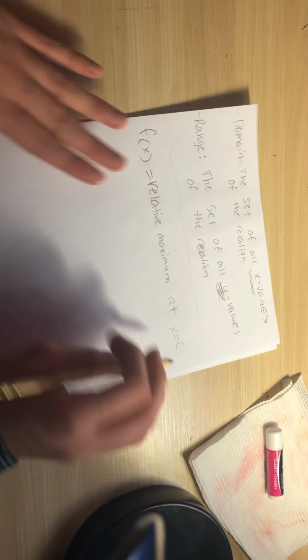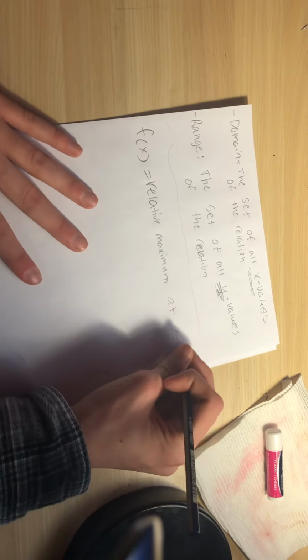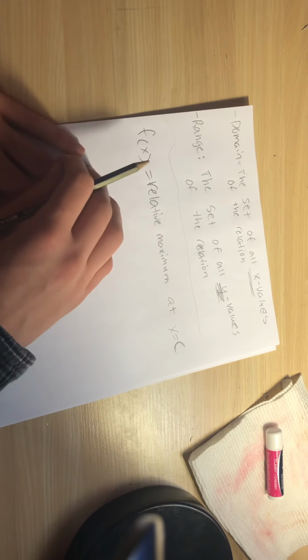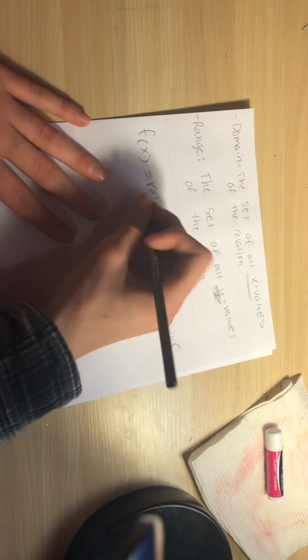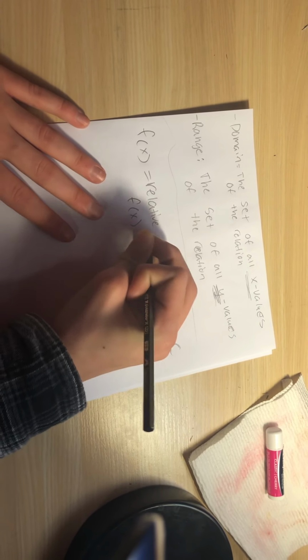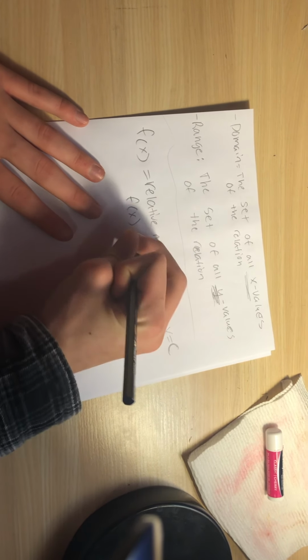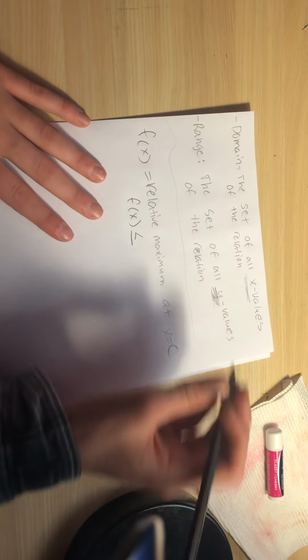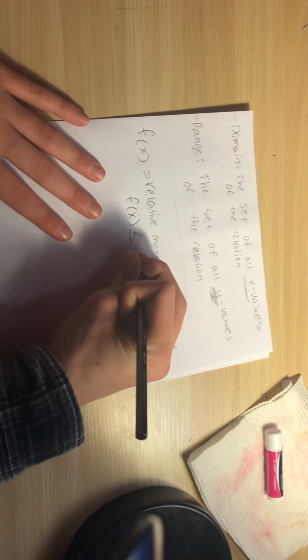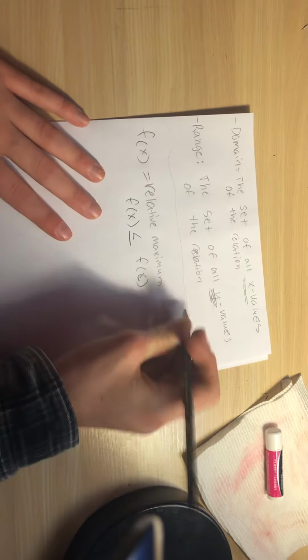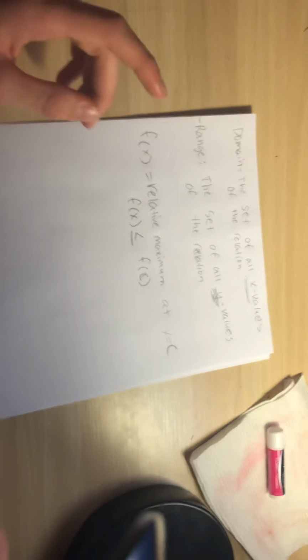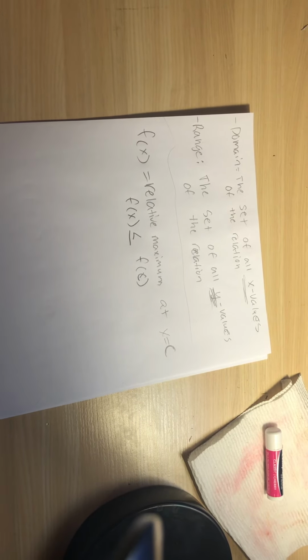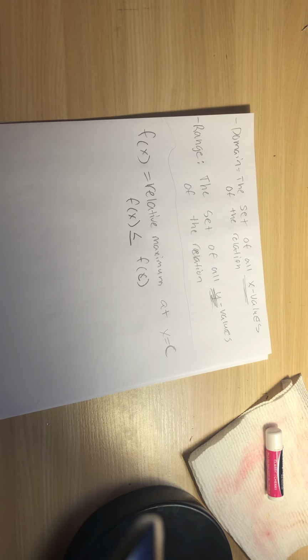Let's say it just had a relative maximum at x equals c, just for example. Then that means f of x is less than or equal to f of c. That's if it has a relative maximum at x equals c. That sort of makes sense.